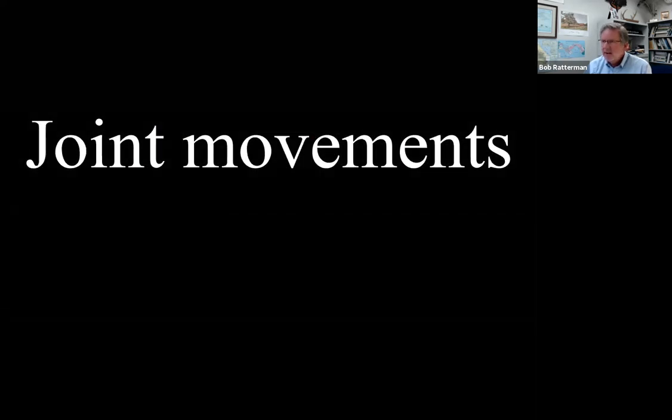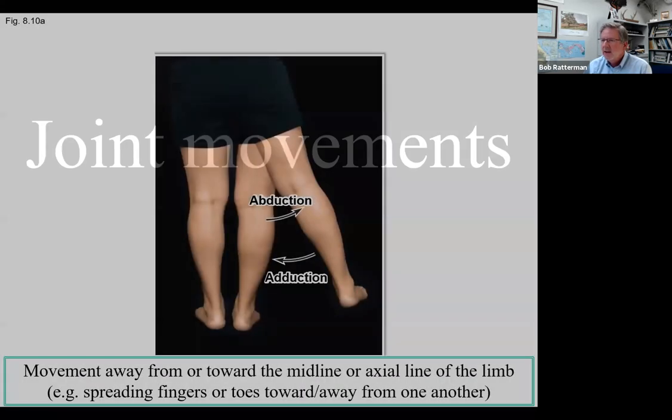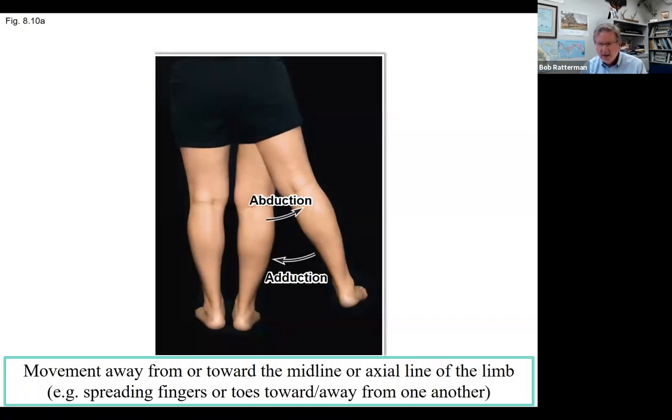Let's talk about some different kinds of movements related to these diarthrotic synovial joints, starting with this pair of terms, abduction and adduction. Technically, the process of abduction is where we move away from the midline of the body. So imagine the body in anatomical position, right?